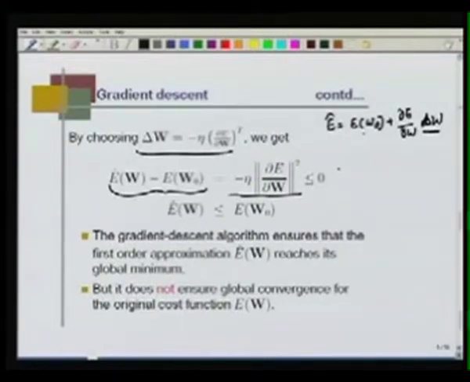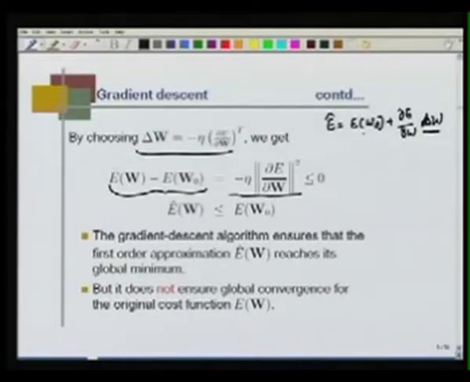What it implies is that if I start from W naught, the updated value would always be less than E(W naught). Again, when this W becomes the initial point and you go to the next point, it will always decrease.